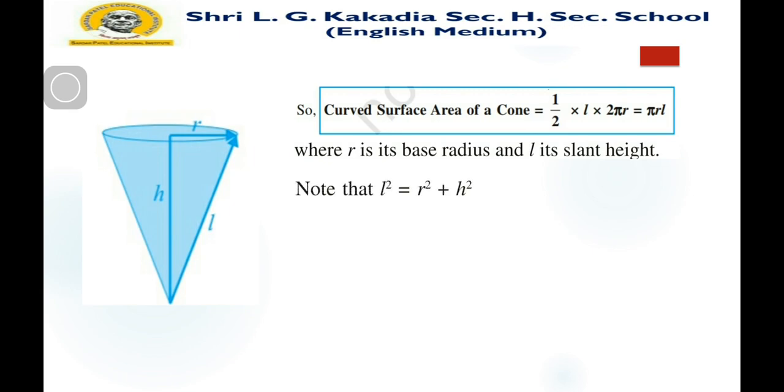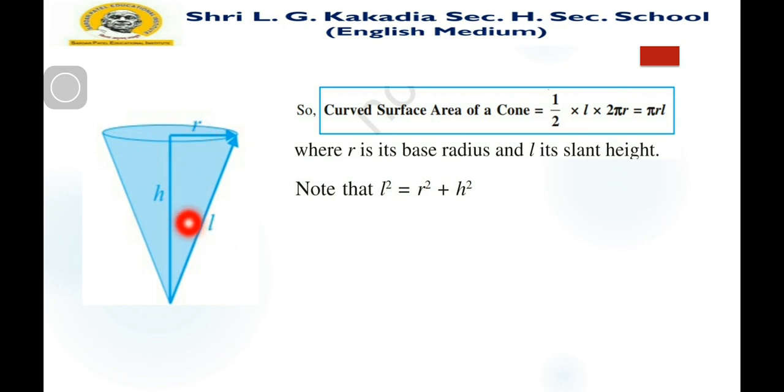Now if you want to find the slant height of this cone, then we can use the Pythagoras theorem. As you can see here, it is a right triangle. By the Pythagoras theorem, we know that L square is equal to h square plus r square.